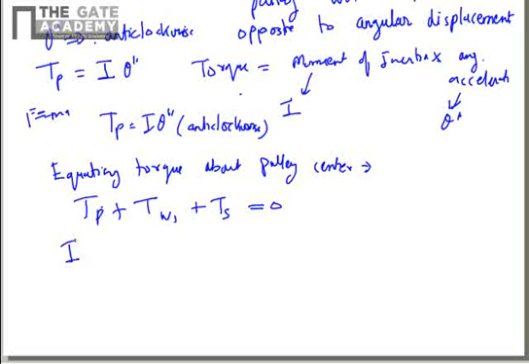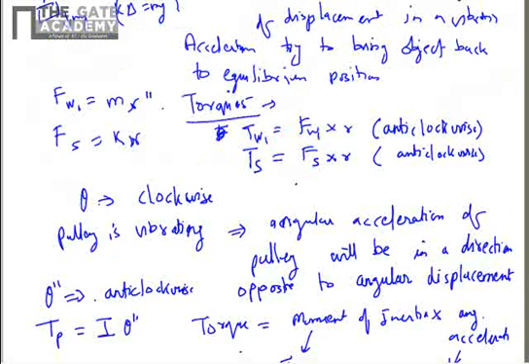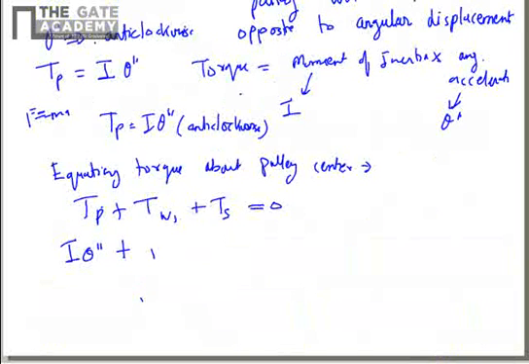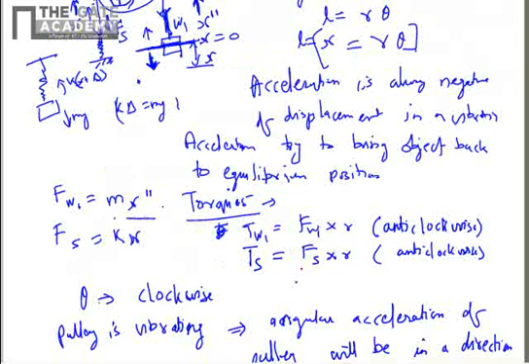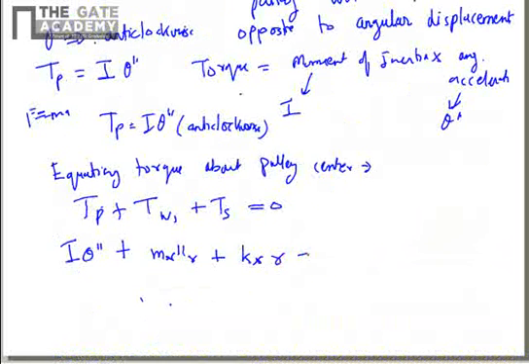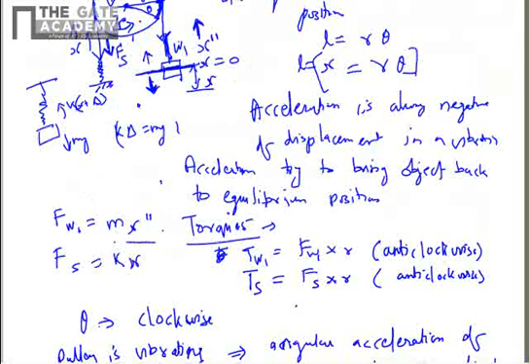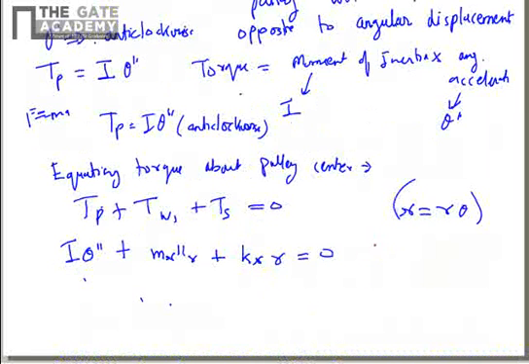So hence you get the equation I theta double dash plus TW1, which is FW1 into R. FW1 is mx double dash. So mx double dash into R plus spring torque. Spring torque is Fs into R. Fs is Kx and Fs into R is Kx into R, equal to 0. Now you have the identity that x is equal to R theta from the pulley, since unwrapping of theta angle will result in x displacement of the mass.